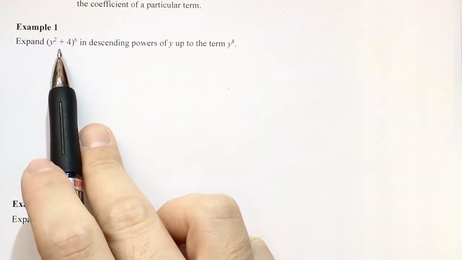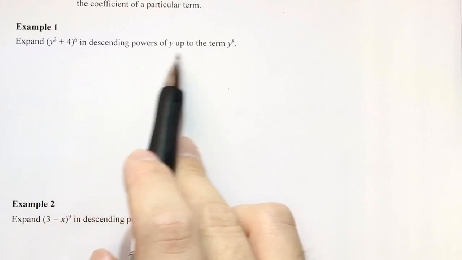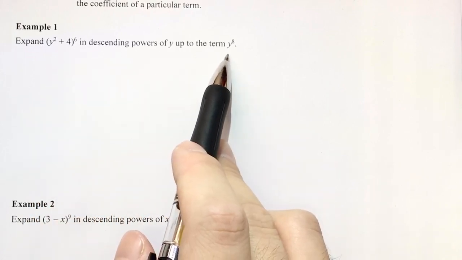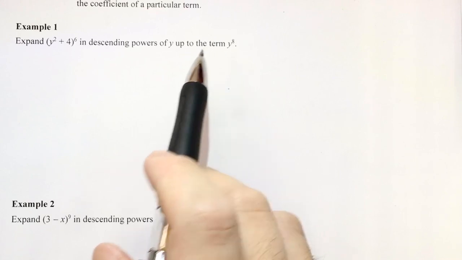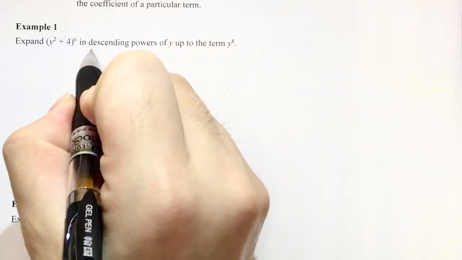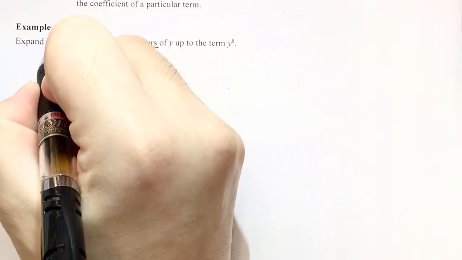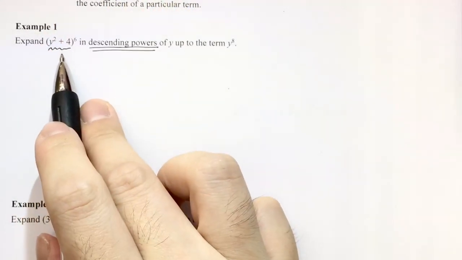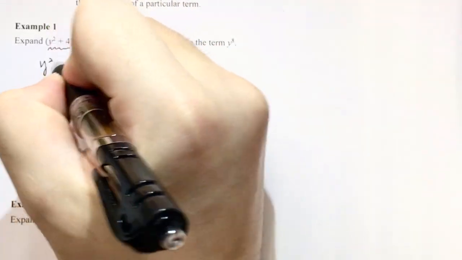First of all, expand (y squared plus 4) to the power of 6 in descending power of y up to this term. Up to this term means you can just stop at this term. Also, note you are expanding in descending power of y, and what's inside the bracket you need to arrange in descending power of y as well. When everything is ready, then you can start your work.